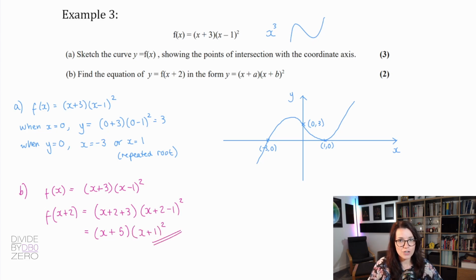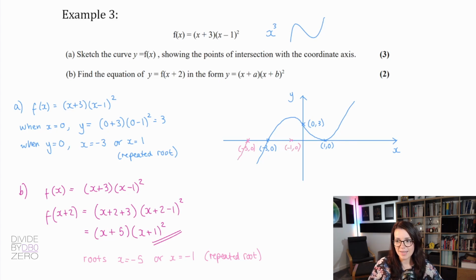However, I just wanted to show you how that applies to our sketch. So as a bit of an extra exploration here, if you look at this new function, hopefully you can see that the roots would be x equals -5 or x equals -1 this time for the repeated root. If we were to sketch that on the same diagram as we had in part A, we would have one point of intersection here at (-5, 0), and a repeated root here at (-1, 0).